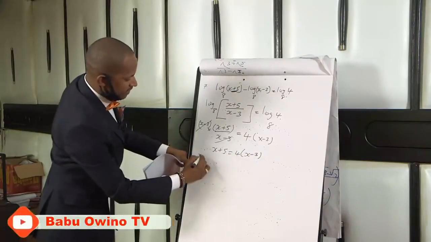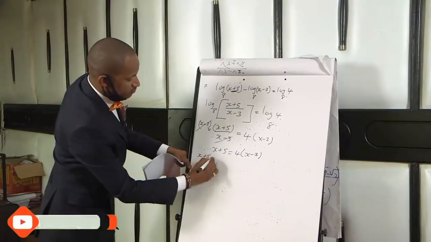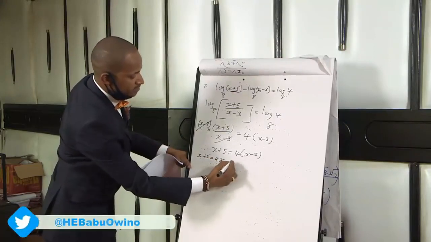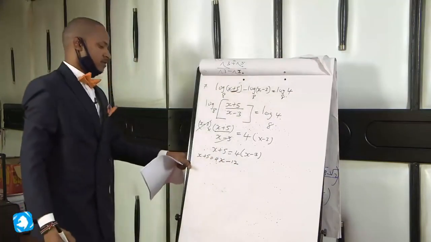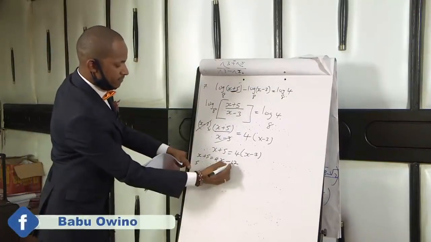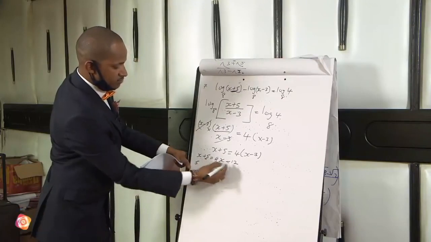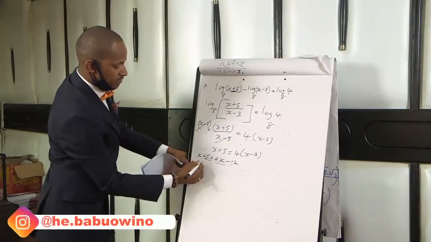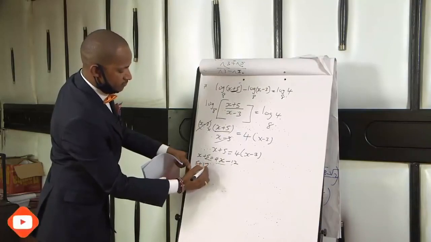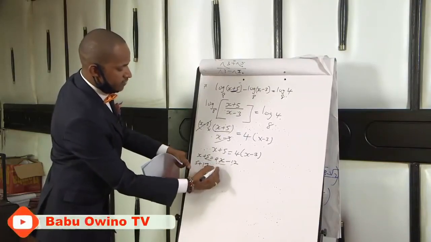From here we have x + 5 equals 4 times x, which is 4x. 4 times minus 3 is minus 12. Collect the like terms together. 5 is on this side, so you want to bring 12 on this side, it will become plus, because it is minus 12, becomes plus 12 equals 4x.